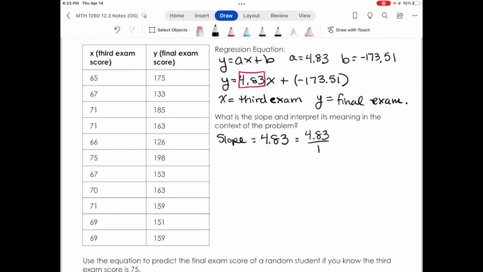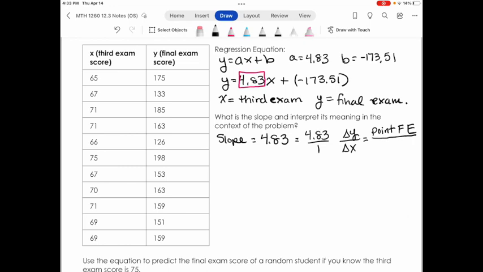Because remember, the slope is showing us how one quantity changes with the other. The change in Y is on the top, and the change in X is on the bottom. The change in Y represents the change in the points for the final exam. I'm going to abbreviate since I'm running out of room.